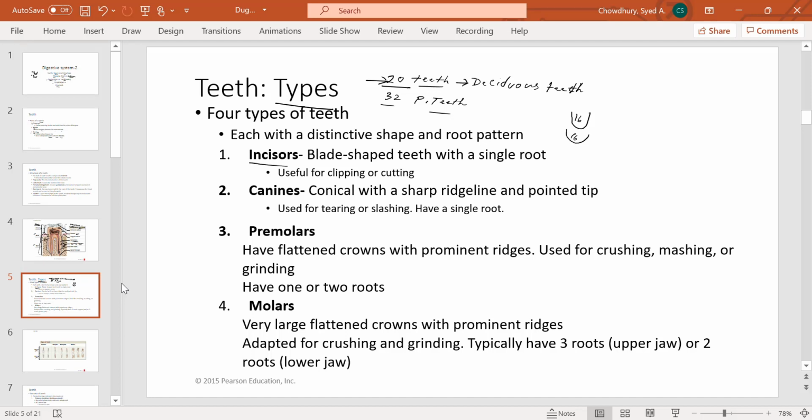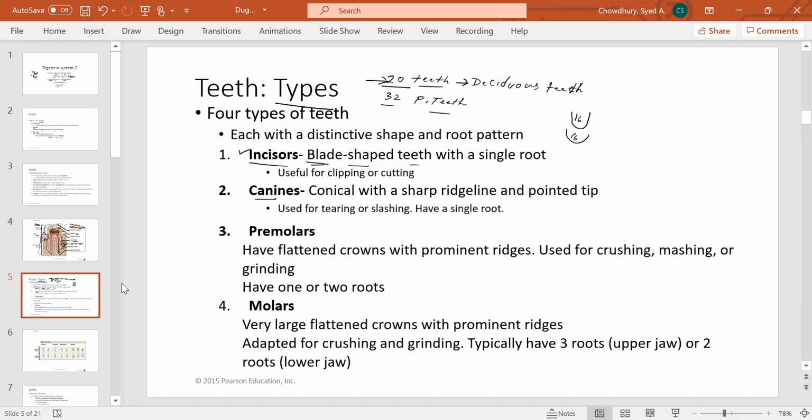Incisors have the lower edge, which is sharp, blade shaped teeth. Okay, and incisors help to chop or cut the food because they work like a blade or knife.